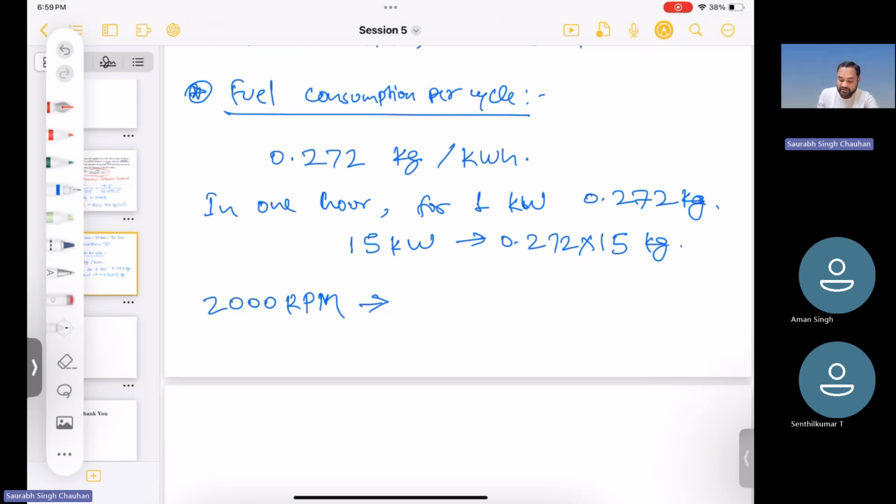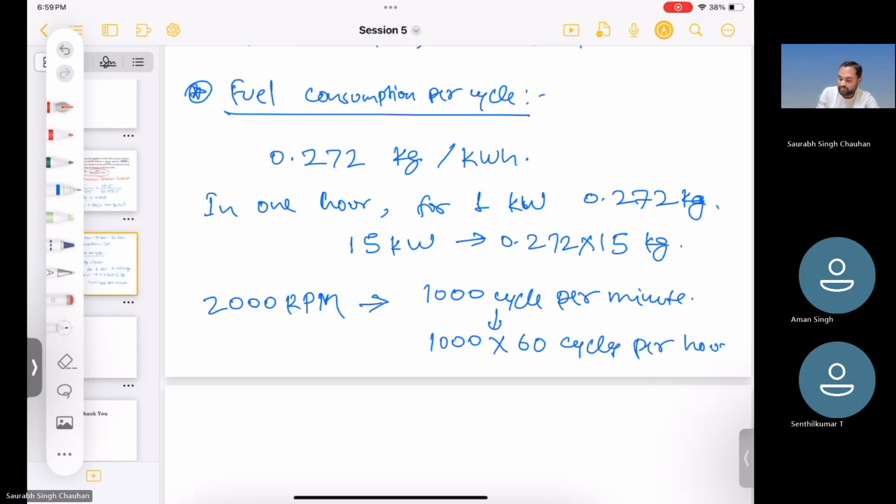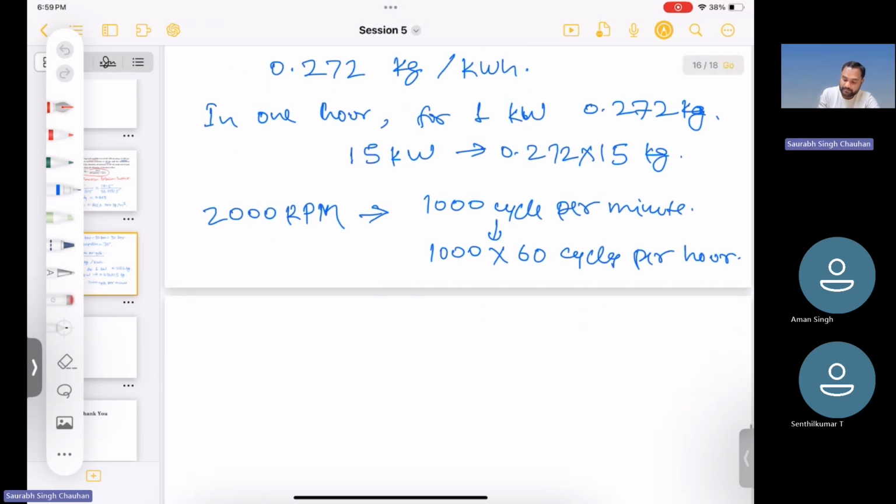So in 2000 revolutions, how many cycles will be there? 1000 cycles per minute, right? So 1000 cycles per minute means 1000 times 60 cycles per hour, so 60,000 cycles per hour, and fuel is consumed.